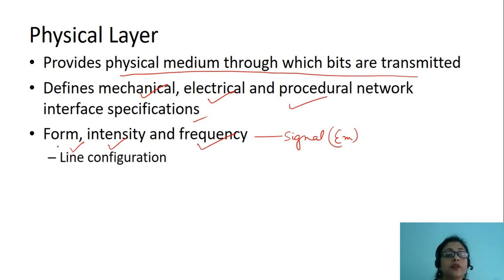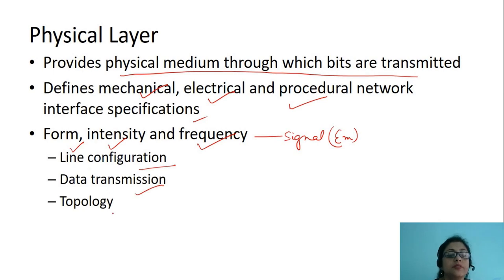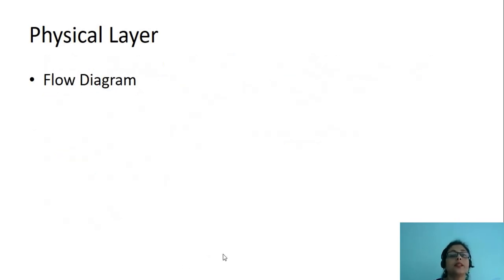So basically, the functionalities are line configuration and data transmission. It defines the various topologies of LANs as well as signaling. So let us understand the flow diagram of the physical layer. Now, physical layer is layer 1.